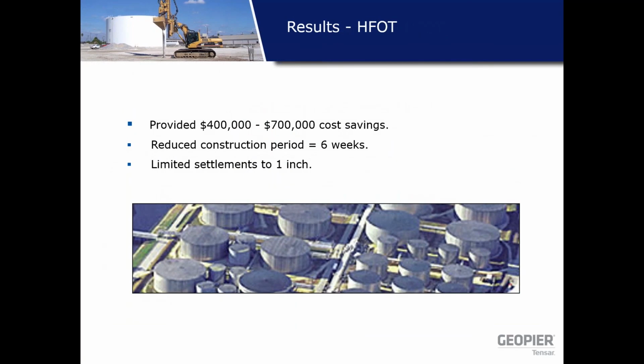Overall, there were about $400,000 to $700,000 of savings on the project. We reduced the construction period by 6 weeks, and we met the 1 inch settlement criteria.